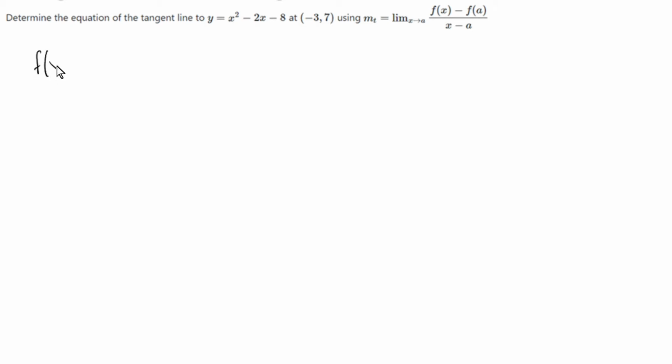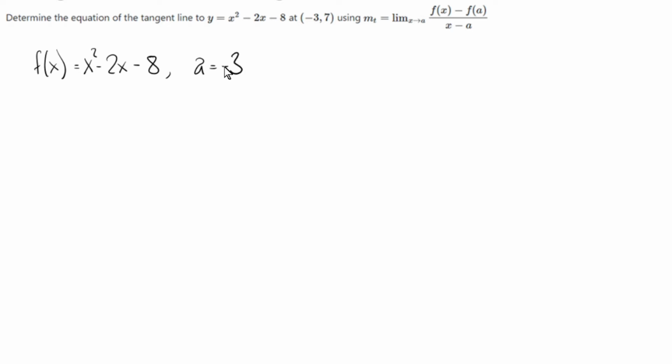f of x is the following quadratic function, x squared minus 2x minus 8, and a will be the x-coordinate of the point of tangency, so a equals -3.